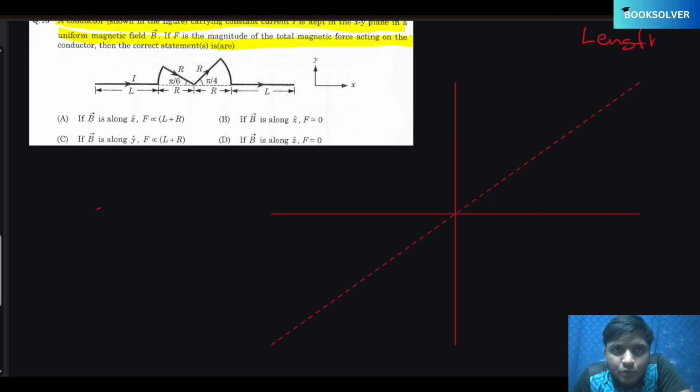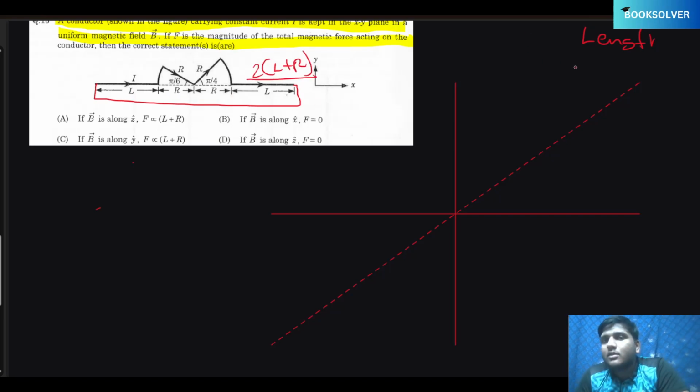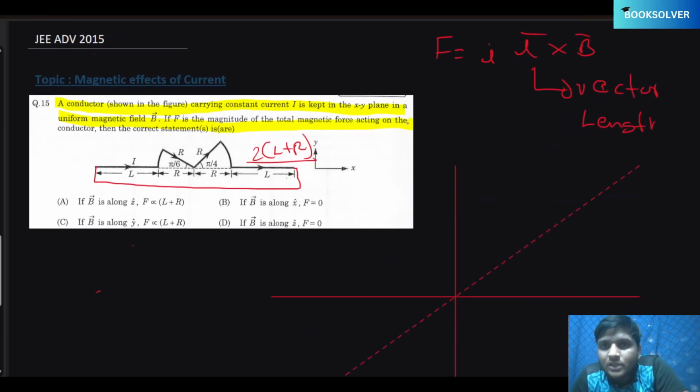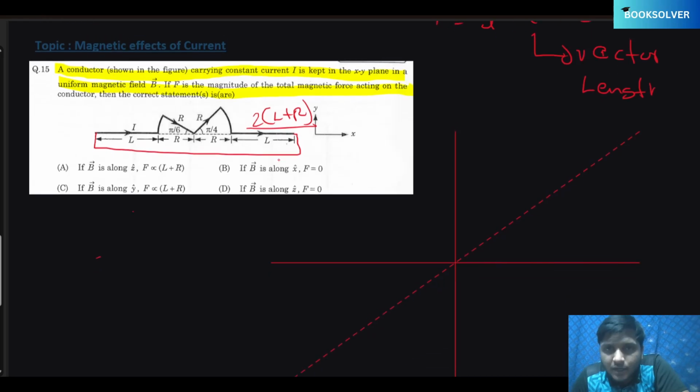We just need to know its vector length. So vector length is nothing but you just have to connect these 2 points and measure the length. It is nothing but 2 times L plus R, and the force applied on it will be proportional to this much only.